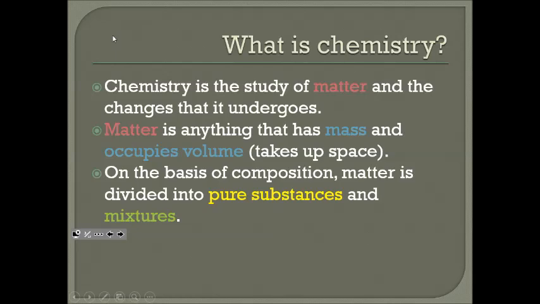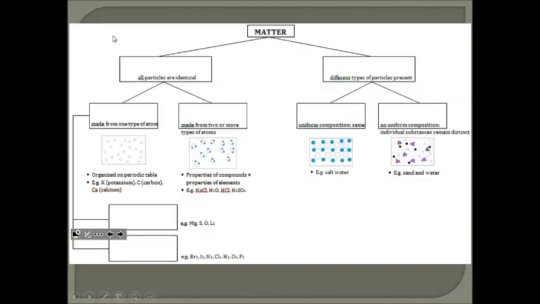On the basis of composition, we divide it into the pure substance and the mixture categories, okay? Which we're going to also investigate over here in the activity. Now you see your flow chart. Kind of went over all the particles are identical. We're going to call them pure substances.